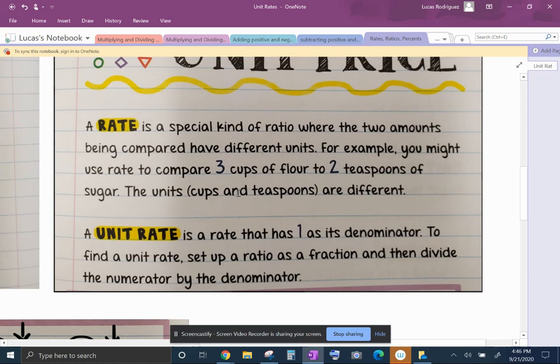But if I said it was 1.5 cups of flour to 1 teaspoon of sugar, that would be considered a unit rate, because a unit rate is a rate that has 1 as its denominator for one of the specified units.